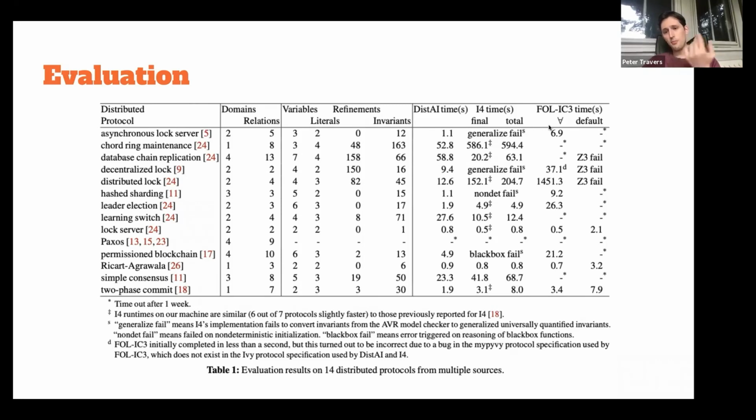So it was a massive jump in terms of what was provable, and a significant jump in terms of speed. I think it was at least 50% faster. And for Paxos, no one was able to solve it because there's a type of invariant that's not supported by DistAI that you require to be able to actually prove the safety protocol for Paxos.